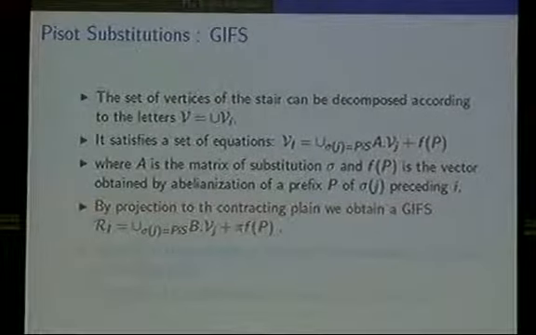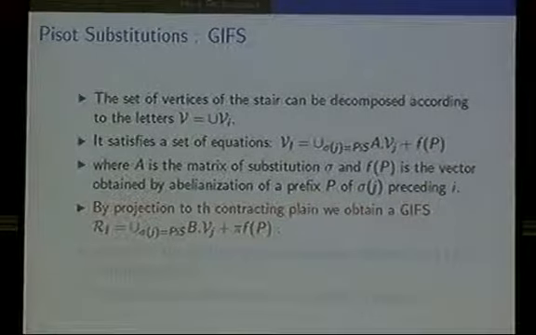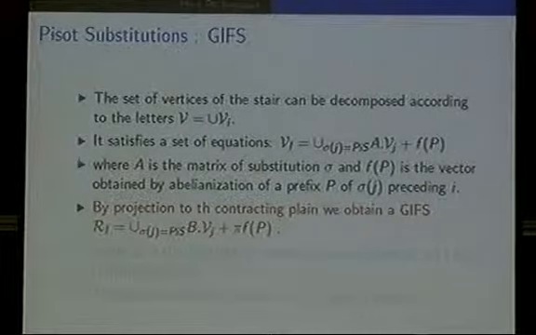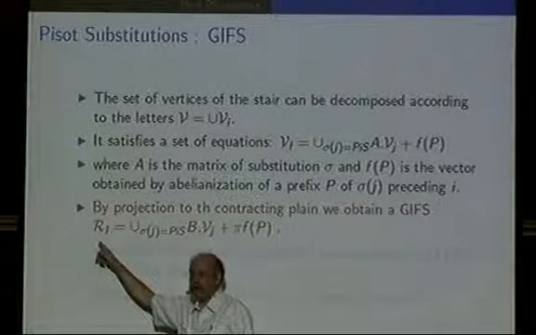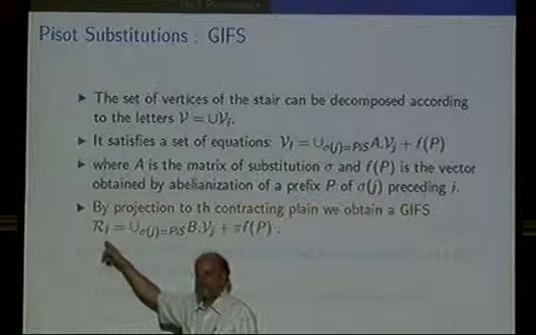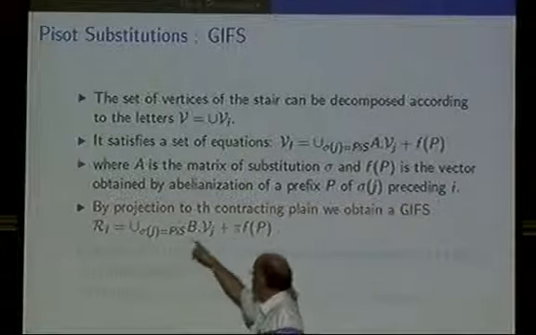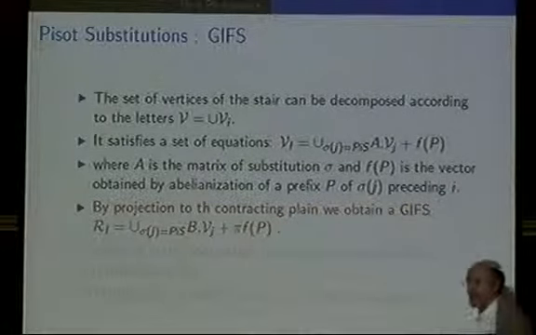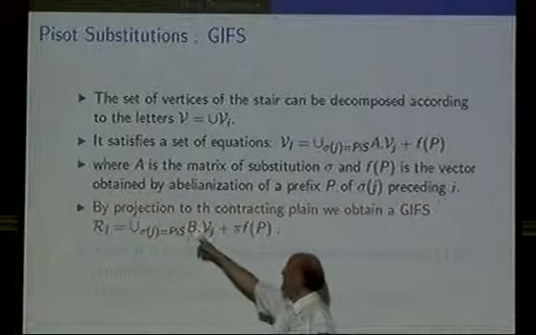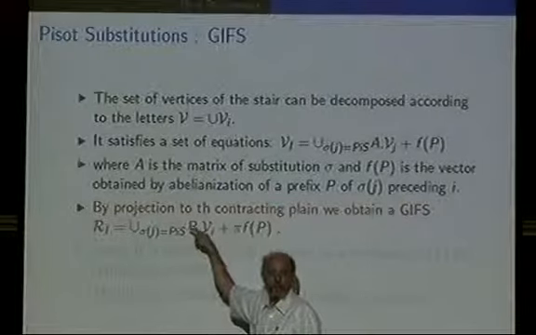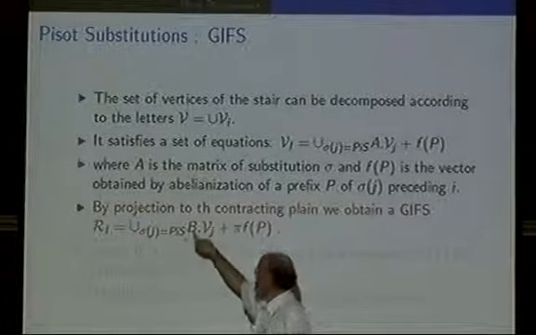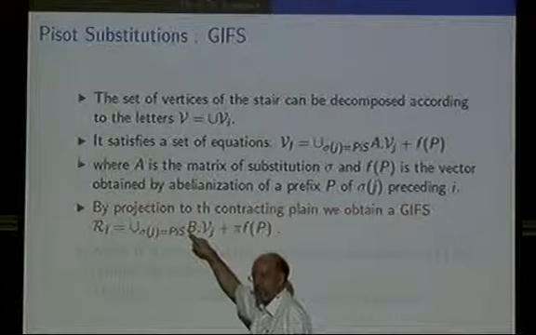Now, if we take this set equation, we can project it to the plane. And if we look at the projection of the vertices, we get again a set equation. And if we define R_i as the closure of the vertices of type i, by projection, we get this set equation. But now, since it is a Pisot matrix, and we have removed the largest eigenvalue, this is a strictly contracting matrix.